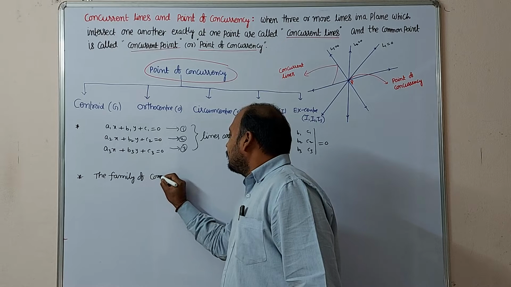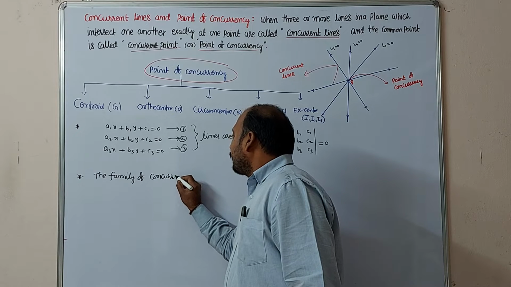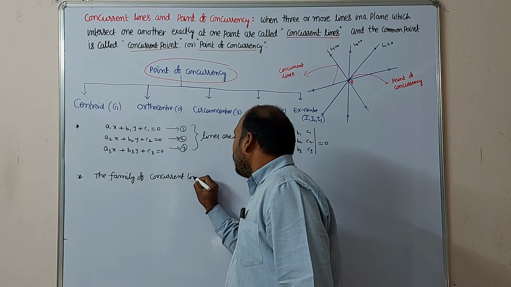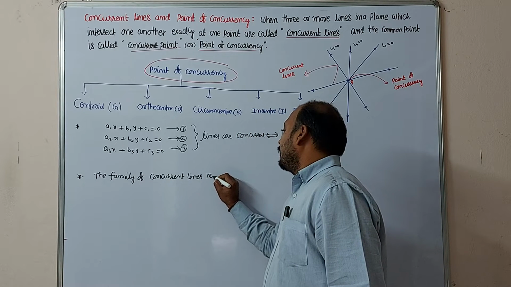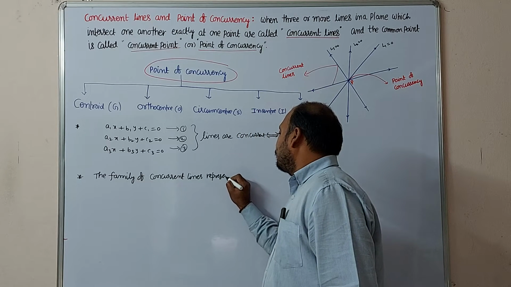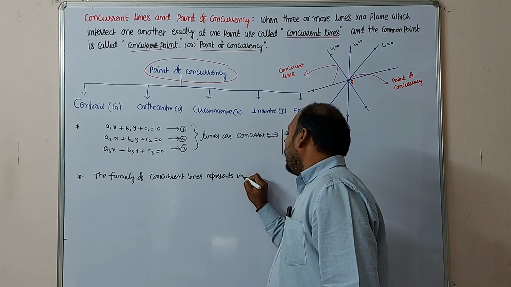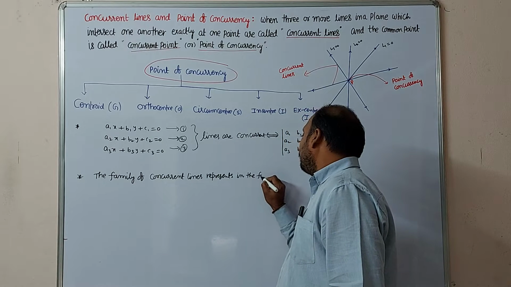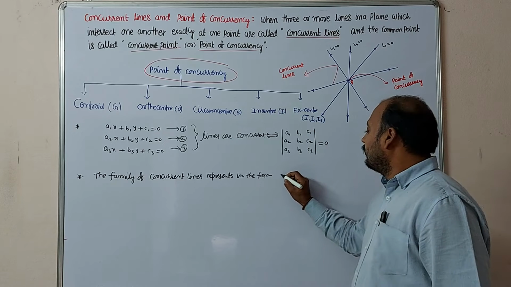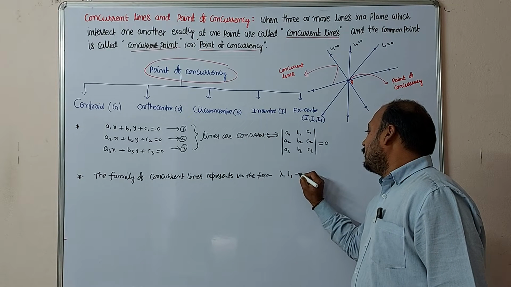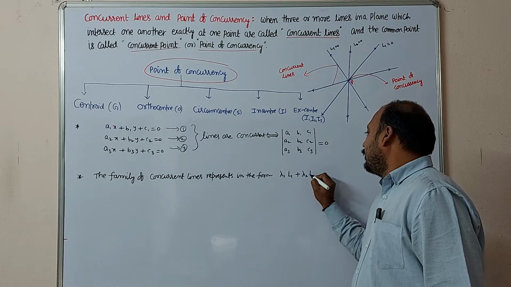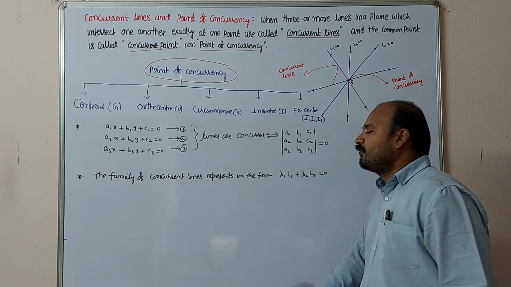The family of concurrent lines represents in the form lambda 1 into L1 plus lambda 2 into L2 equal to 0.